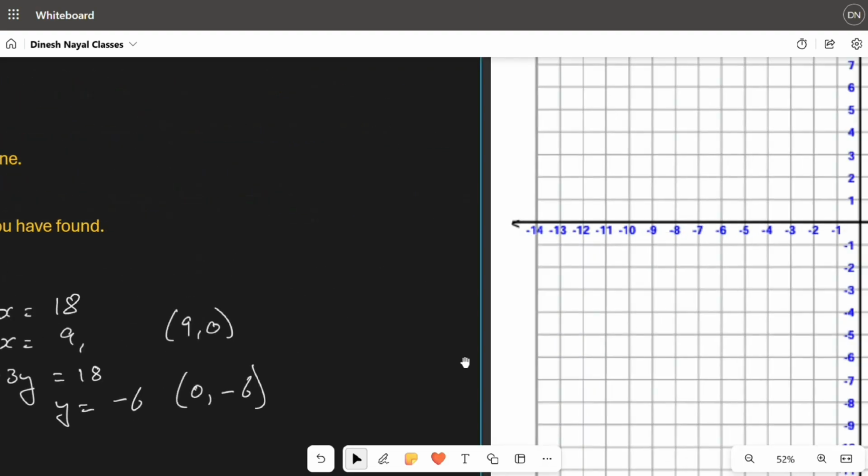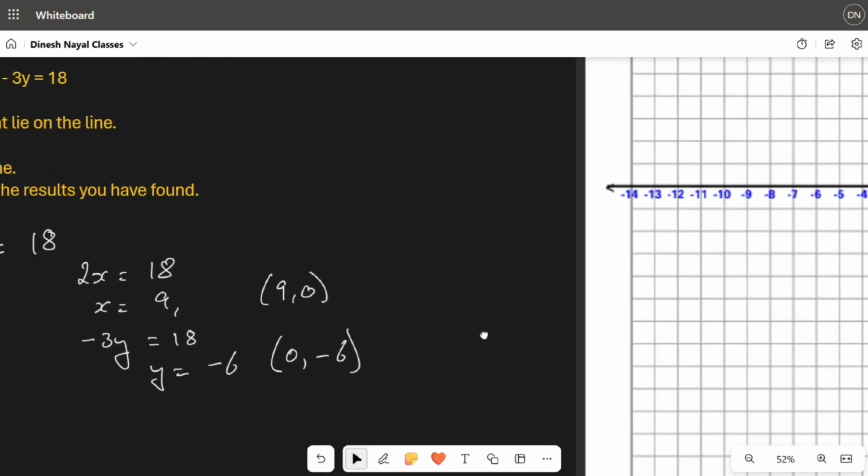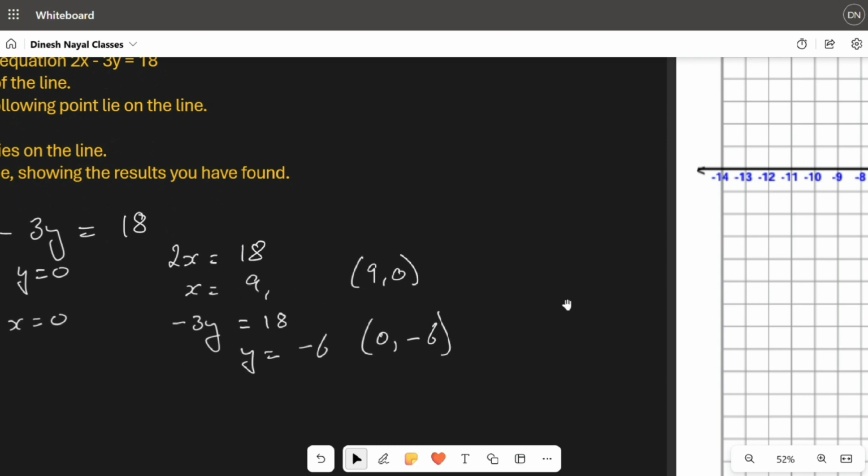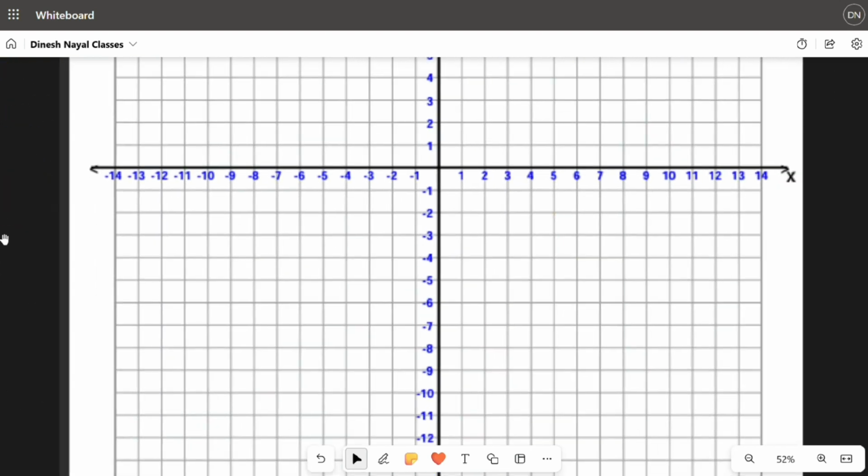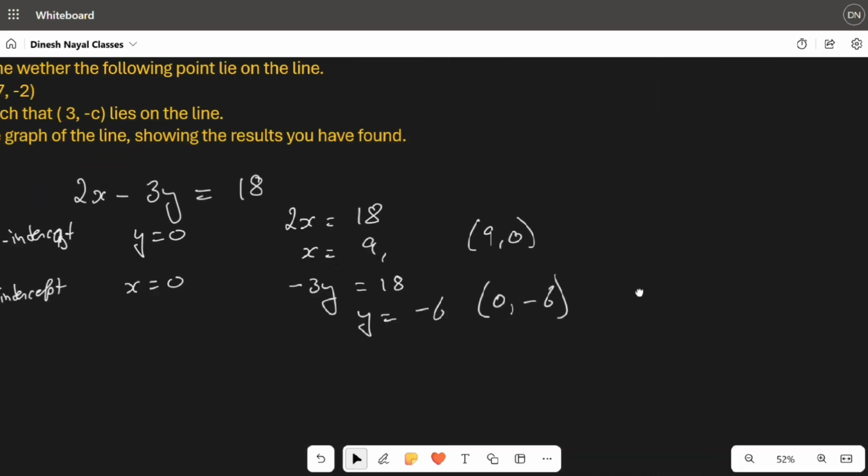So the points are 9 comma 0 and 0 comma minus 6. So this is the point 9 comma 0, and then we have 0 comma minus 6. So we have the axis-intercepts.